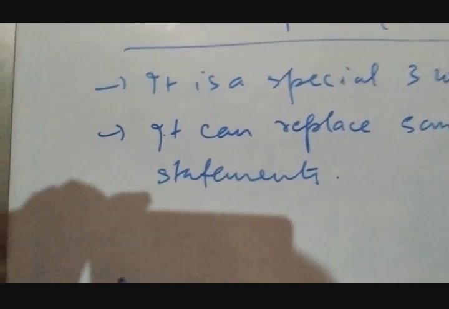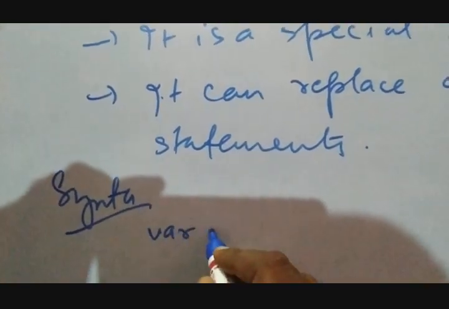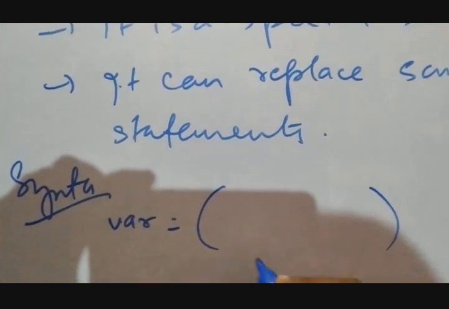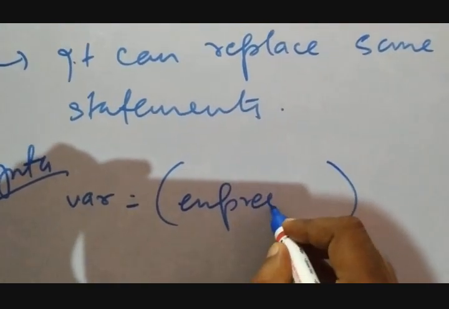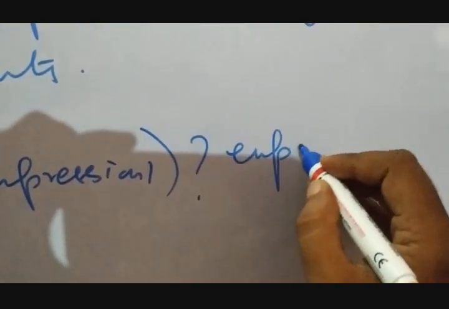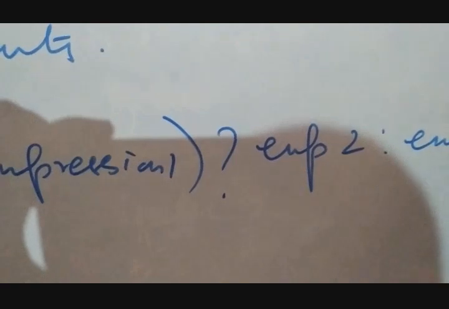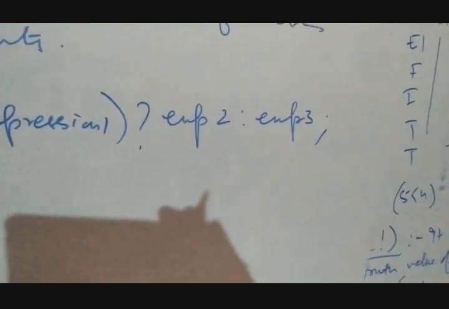Now what is the syntax of this? You need a variable equals to, then expression 1, expression 2, expression 3. Alright, expression 1.